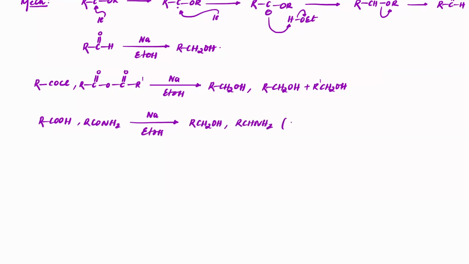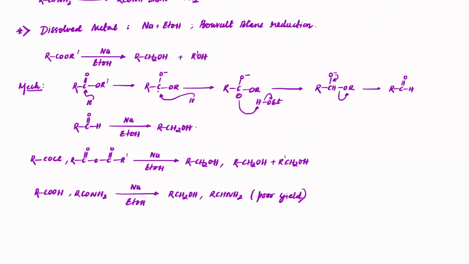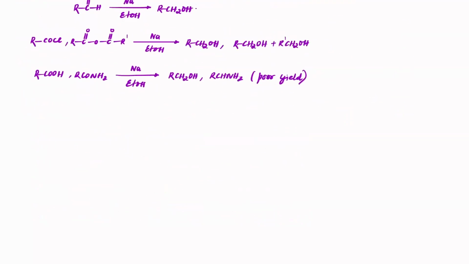But it is a poor yield, so this is not usually reported that easily because the reaction is not very strong. Got it? So it is not very prominent for acids and amides, but for acid chlorides, anhydrides, and esters, this can be very well used. Got it? Next.